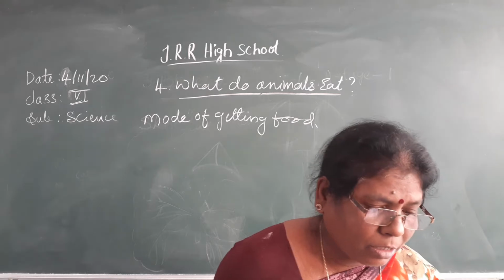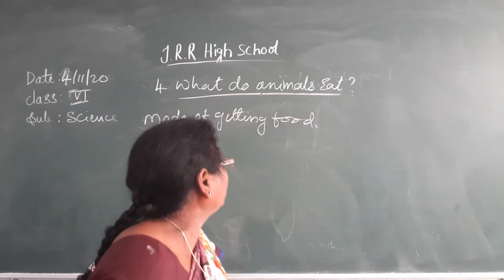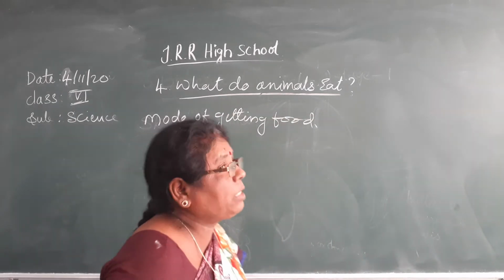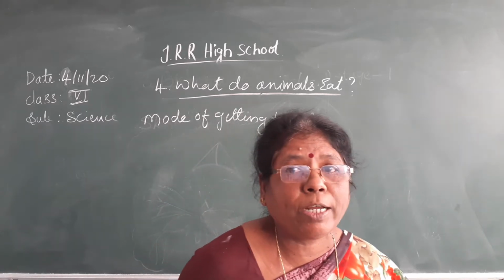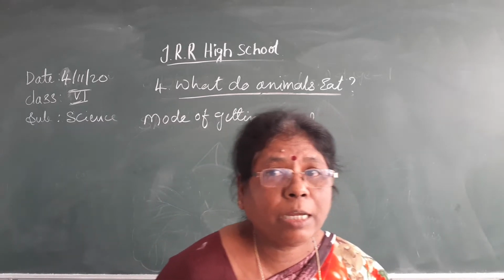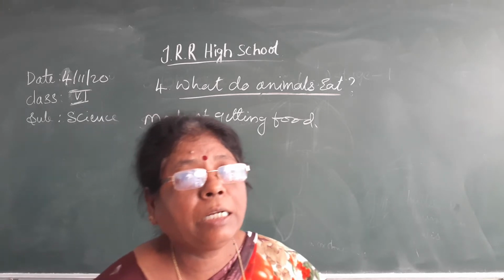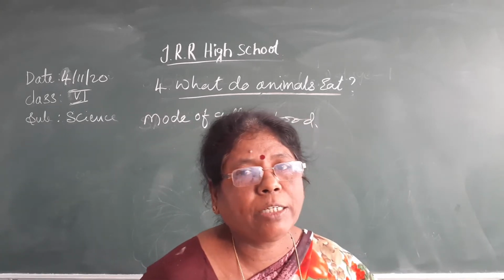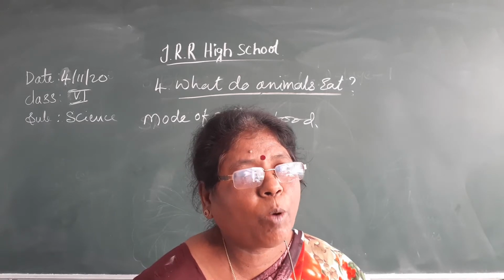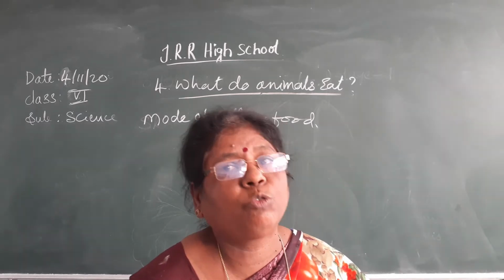Okay. Now here is what I explained to you in the previous class about what animals eat. Different types of animals have different types of sense organs to find and track food. Apart from these, different animals have different body parts to catch hold of the food and take the food.